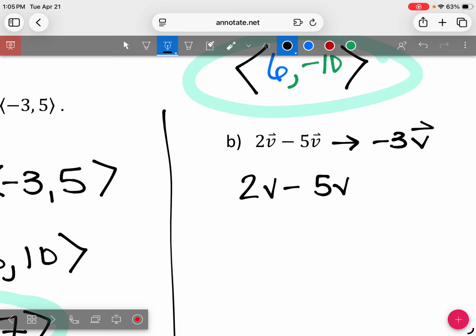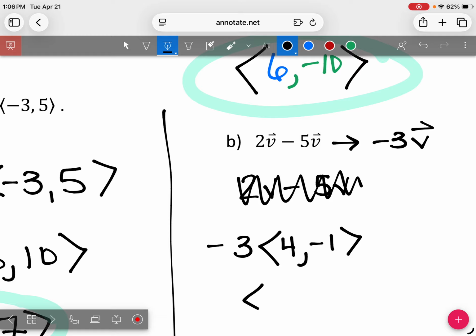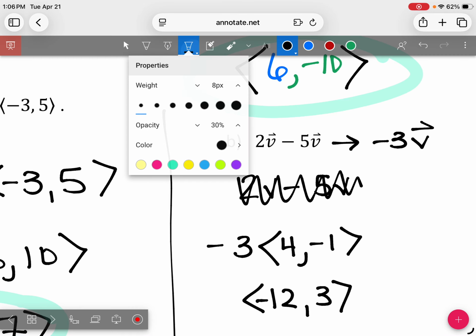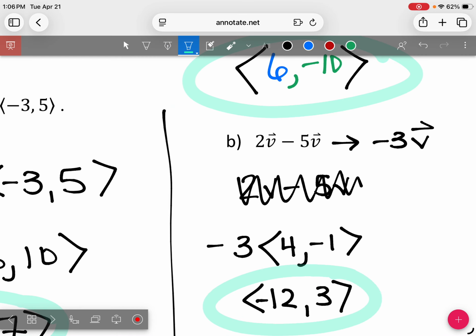Now, if you didn't do it that way, if you multiplied vector v by 2, and then you multiplied it by -5, and then you add it, you're still going to get the same horizontal and vertical component. So if you don't recognize on the test that you can combine your like terms, that's okay. You don't have to. You'll still get the same answer.